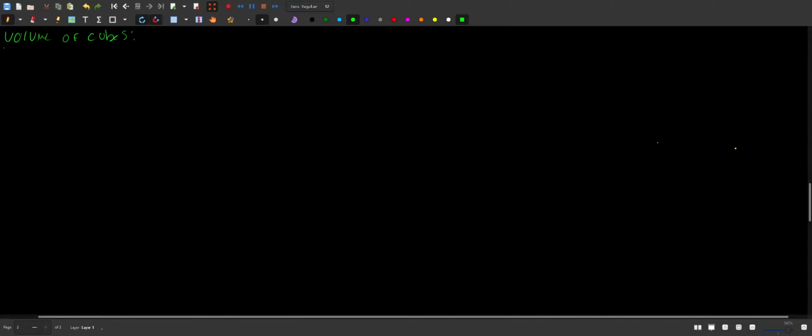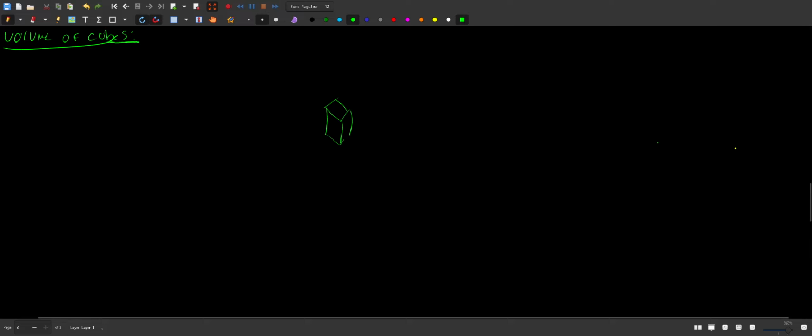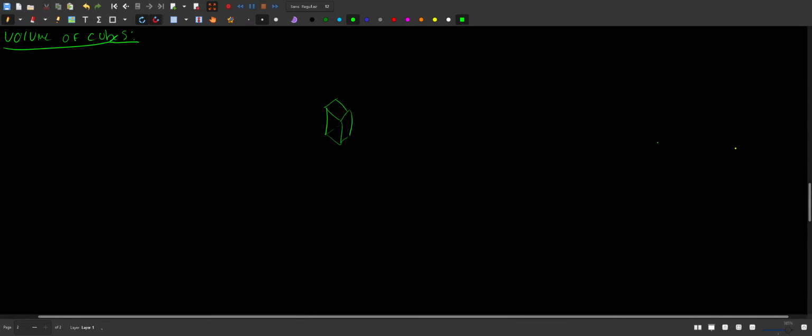Next shape. So say we have volume of cubes. This is the easiest one. It's a lot neater this time. So this one we have a cube, and we have dotted lines.